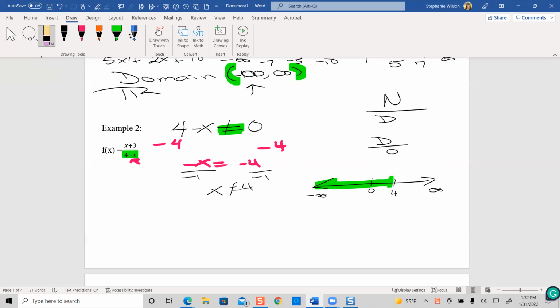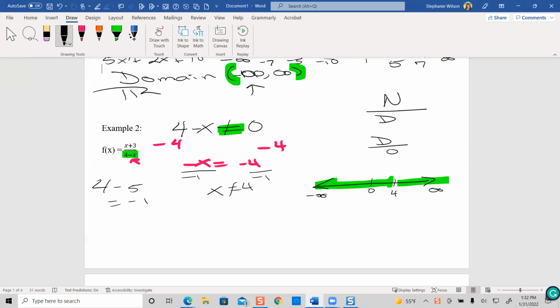So I can have all numbers less than 4, and then I can have all numbers greater than 4. I'm trying not to touch that line. It's kind of a little hard right there. So basically 4 minus 5 gives me -1.